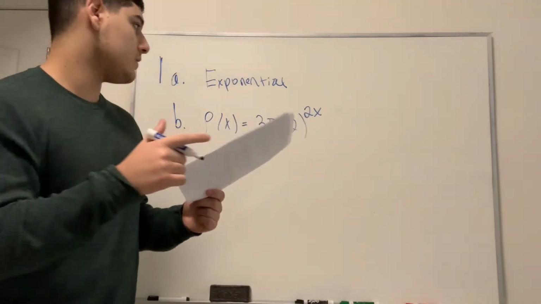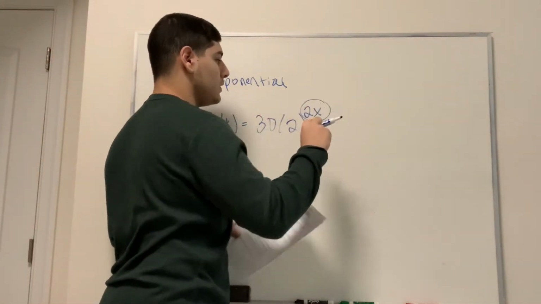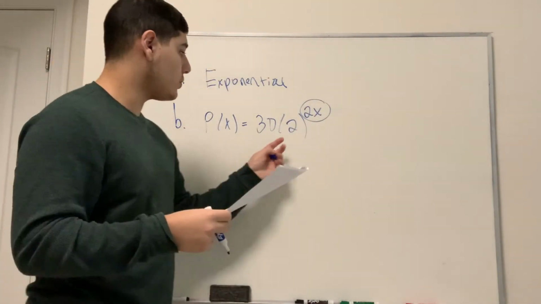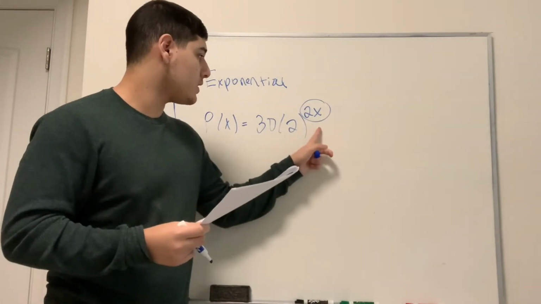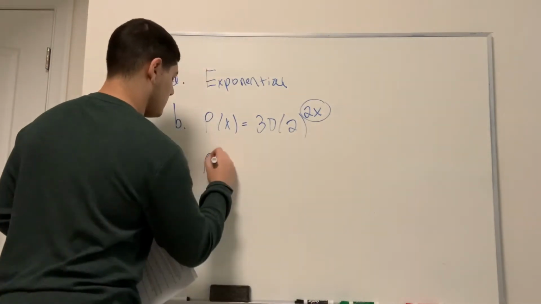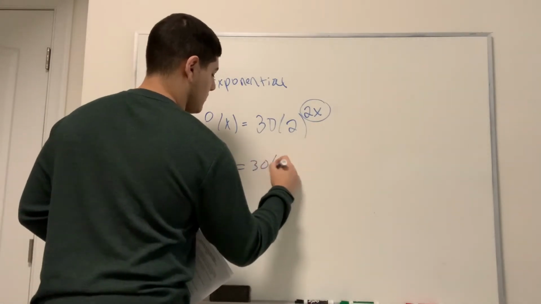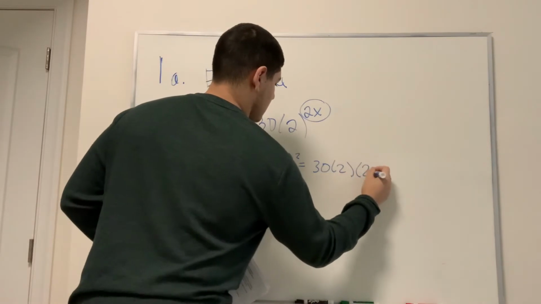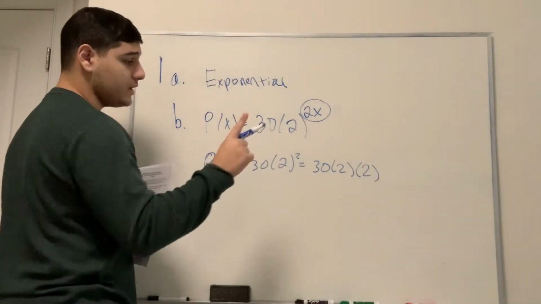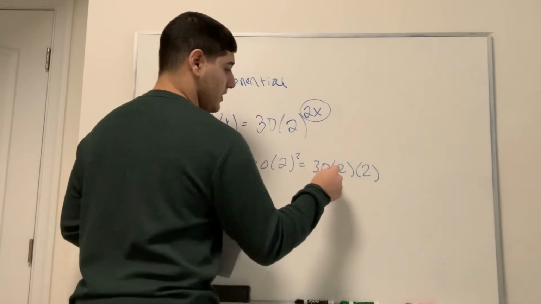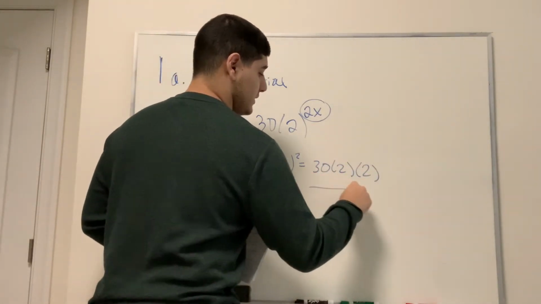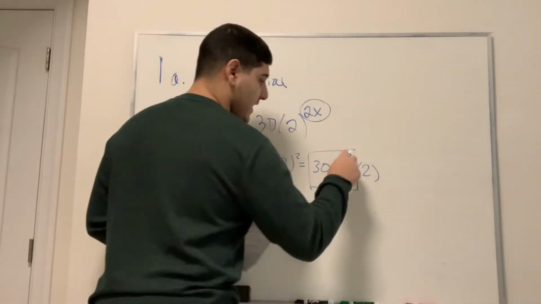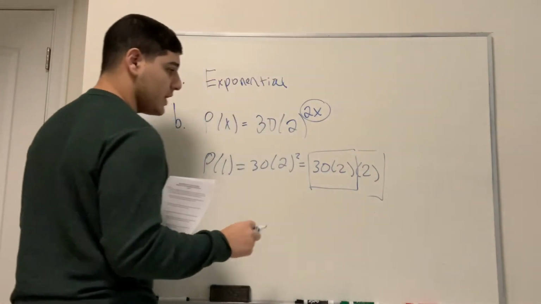So every 6 months they double, which means they double twice a year. So in 1 year, they double twice. X would be the number of years, so if you want to know the population after 1 year, you put in 1. After 6 months, it's 30 times 2, which is 60, and then you multiply that by 2 six months later, that's 120.